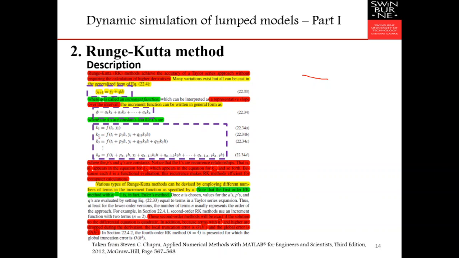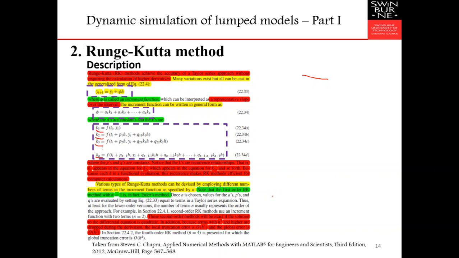So in order for you to get K2, you need to know the value of K1. Then for you to determine the value of K3, you need the values of K2 and K1. Accordingly, to get the value of Kn, you need the values of the previous terms. P and Q in here are constants.